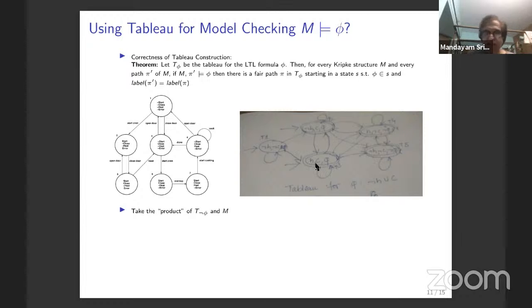You construct it the same way as we described, except that now you make T4 and T5 the initial states, if indeed you want to check not H until C, which is true in every state here, not only the initial state 1. So it is the same tableau with T4 and T5 being the initial states, because they contain not phi. That's the first step.